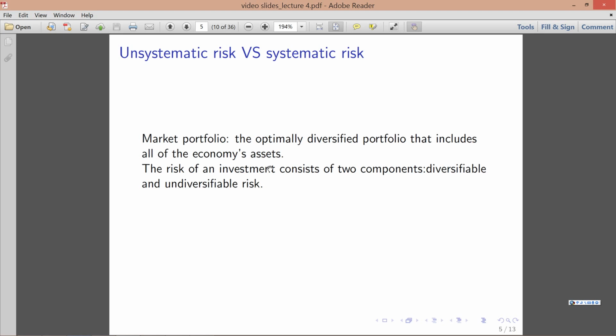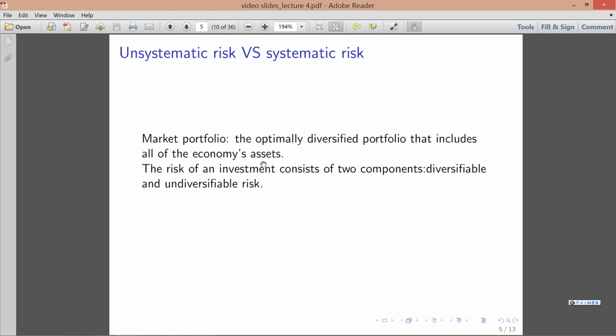So let me give you an example just to show what is diversifiable risk and undiversifiable risk. Now remember the example we had in the previous lecture. If you're running a business that sells sunglasses and umbrellas, I'm sorry, it should be the example of sunglasses and umbrellas. Both of those are faced with weather condition risk.